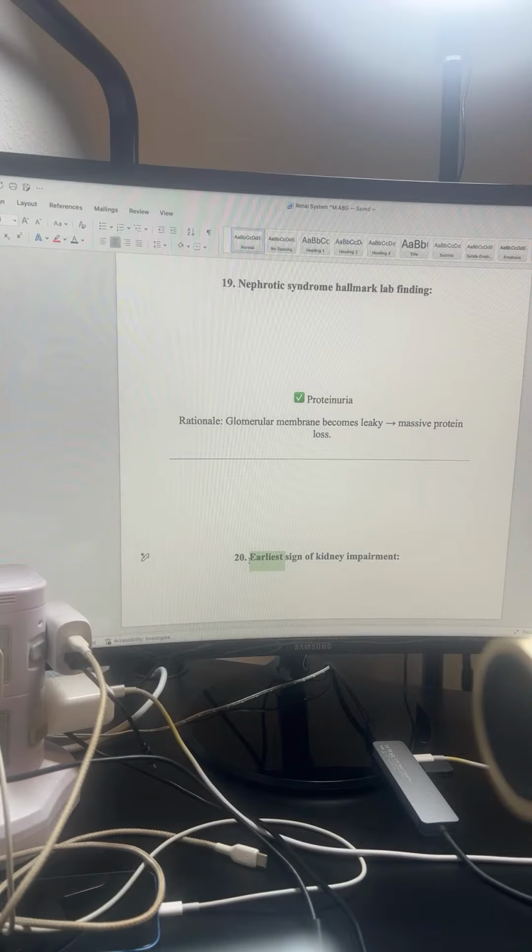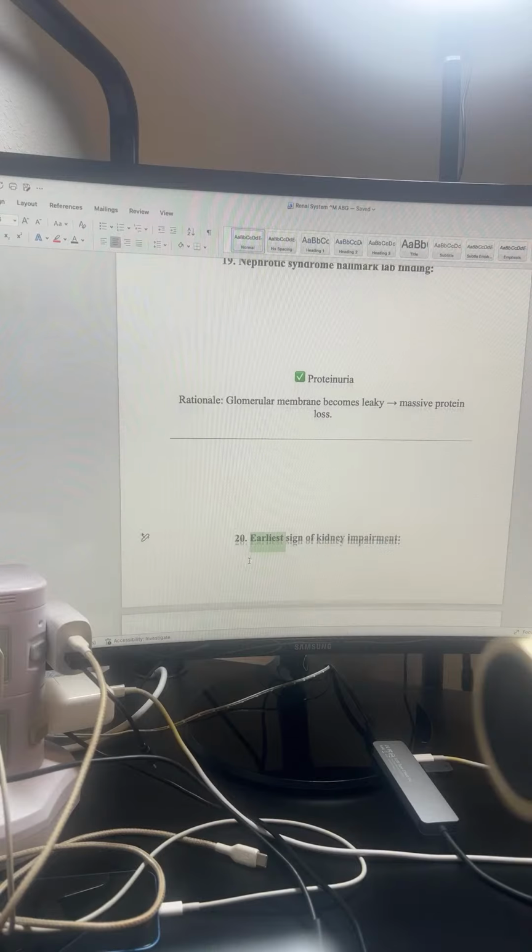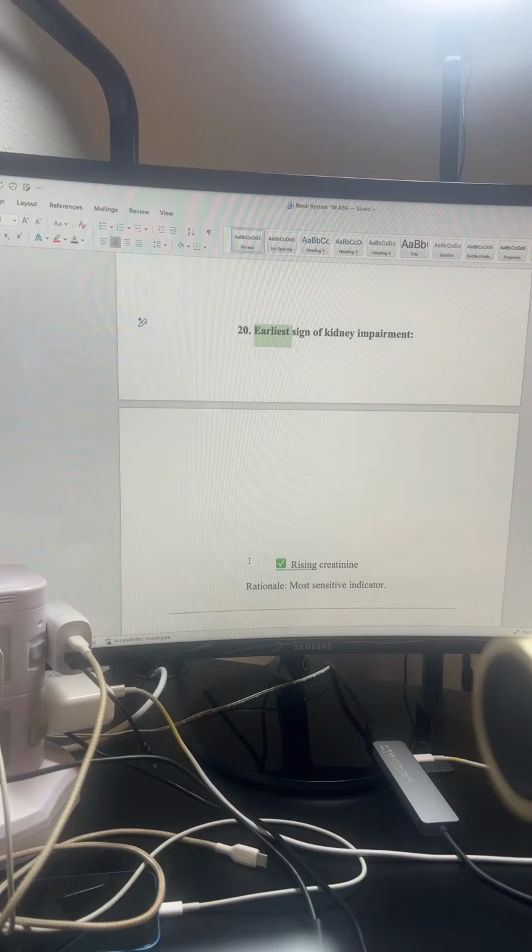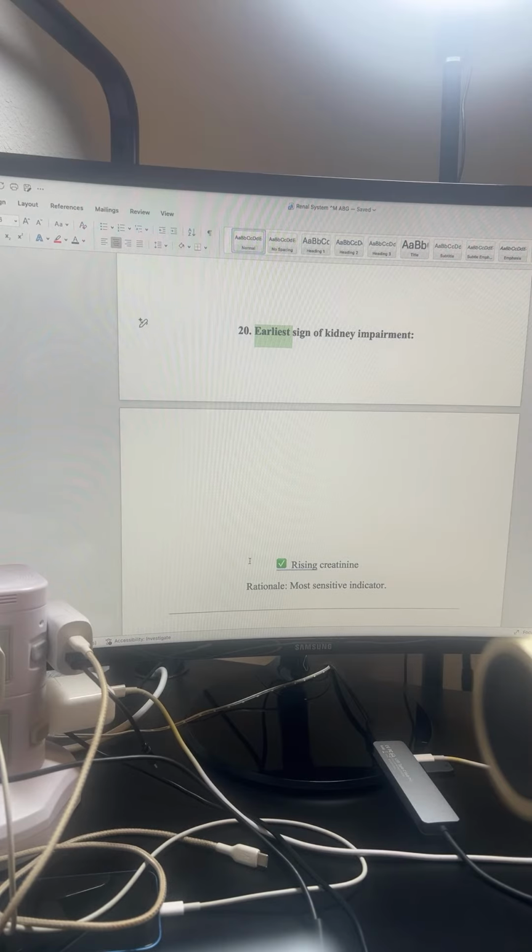Late chronic kidney disease. Okay. So it will be one of those late signs. All right, so you have your rising creatinine. That's the most sensitive indicator for kidney impairment.